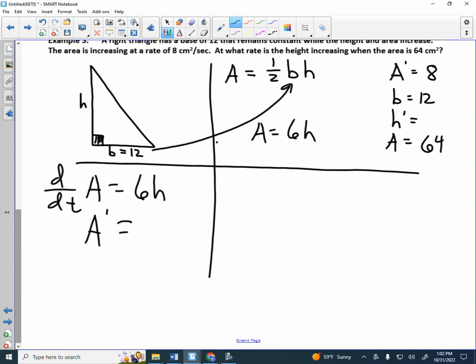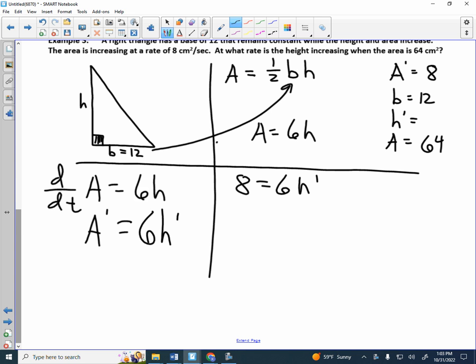A prime equals, what's the derivative of 6H? 6H prime. Now I could try to solve. It's not 6, if it was 6t, then it would be 6. Okay, what is A prime? 8 is equal to 6 times H prime.